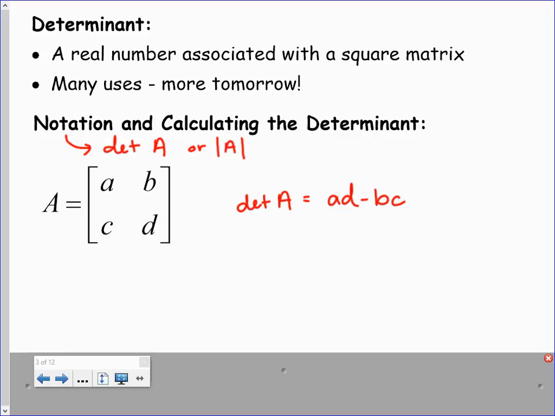Note that your inverse formula from last Thursday was 1 over AD minus BC times that matrix, D, negative B, negative C, A. We could now write a new formula where we don't have the AD minus BC. We could just say 1 over the determinant of A. The determinant of A is that difference of the diagonals. So the determinant is just going to be whatever that number is. That goes back to the point that the determinant is just a number, not a matrix.